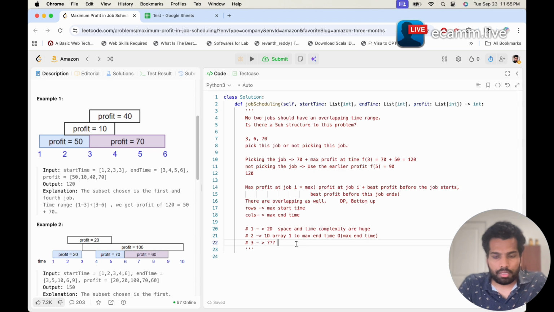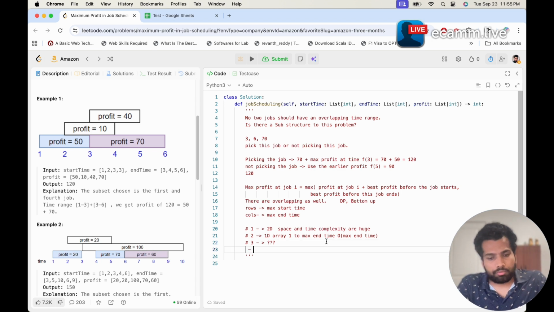So what I was thinking is, instead of having the maximum profit at every end time, let's come back to the initial thought process: what if we are only tasked to calculate the profit to schedule the last job, which is 3 comma 6?